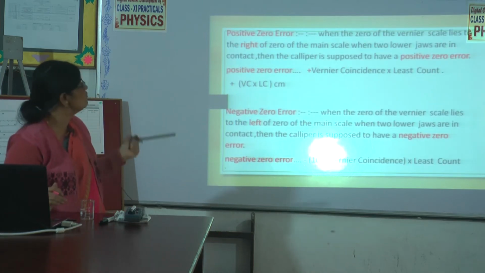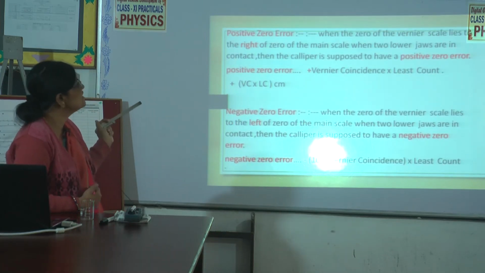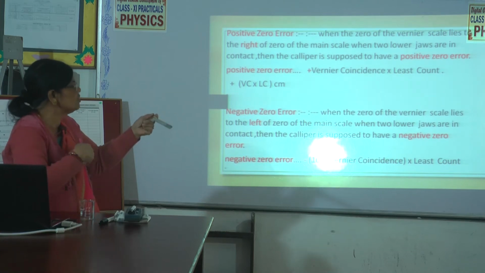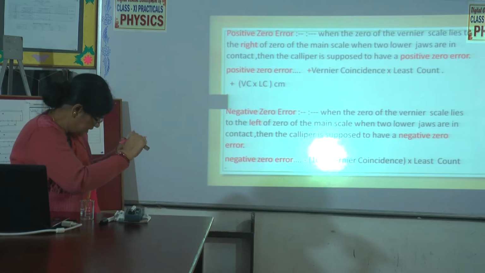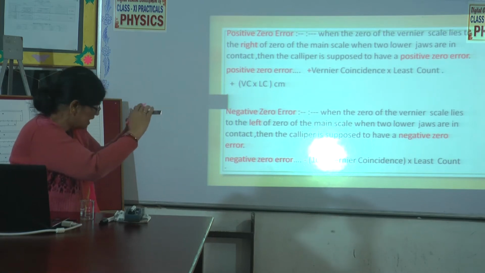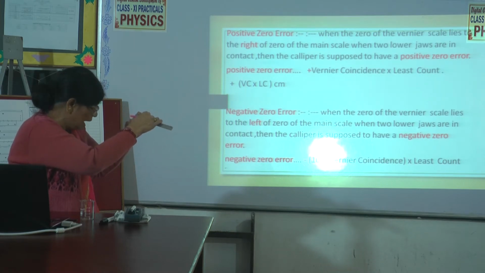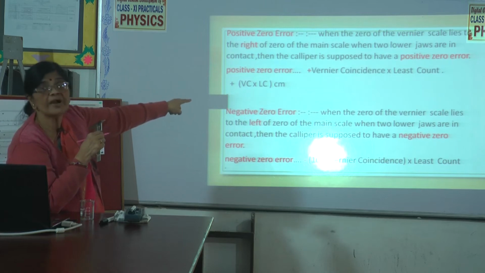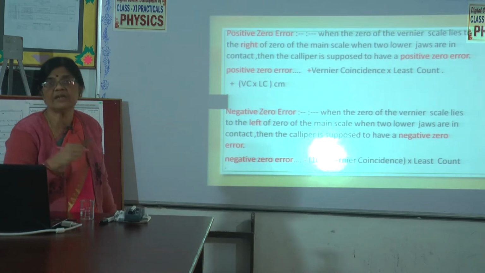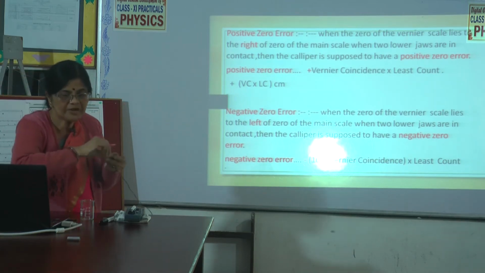Now, when the zero of the vernier scale is lying to the right of the zero of the main scale when the two lower jaws are in contact, then you will have a positive zero error. In this case, the zero is lying to the right, and the vernier coincidence is 1. So zero error will be plus 1 into 0.01, which is plus 0.01 in this apparatus.